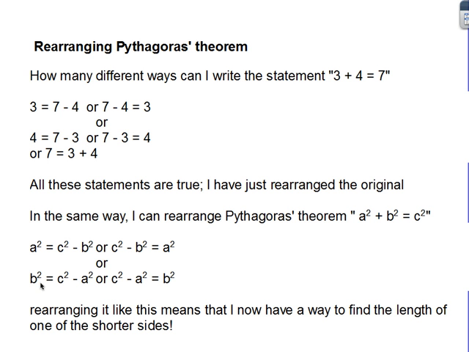Or I could make b the subject of the equation, b squared equals c squared minus a squared. So it's just like what I did up here, rearranging the statement. I can rearrange Pythagoras' theorem. So this is going to help me with my goal today. My goal today is to find a length of one of the short sides. So let's have a look at how we might do that.